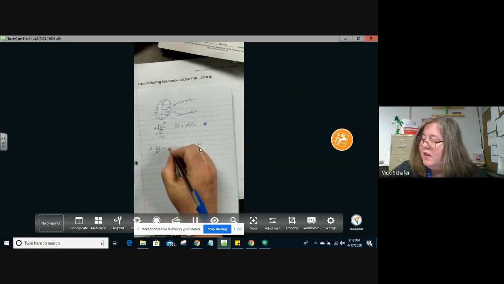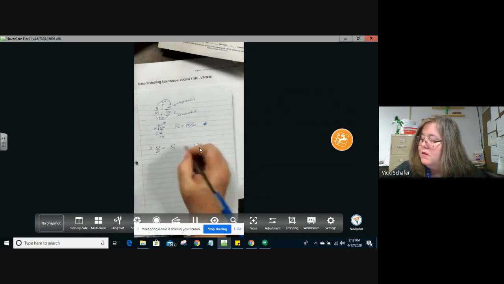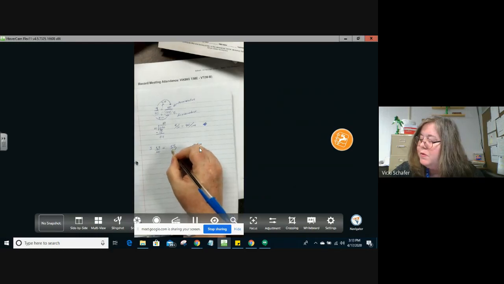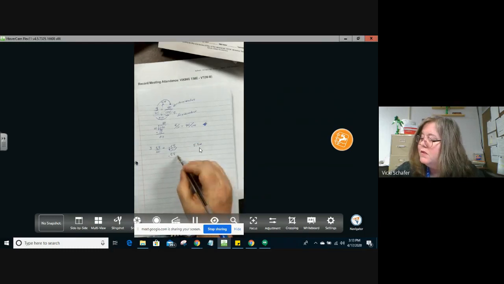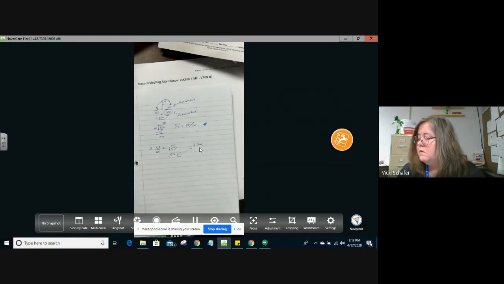Some people got that if you are dividing by 100, you're really moving the decimal 2 places. So instead of being 55, you move your decimal 2 places, and you've got 0.55, which is not the same.